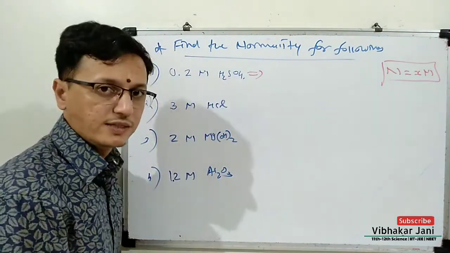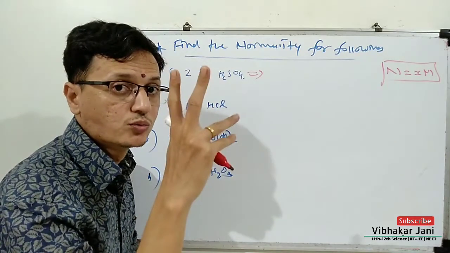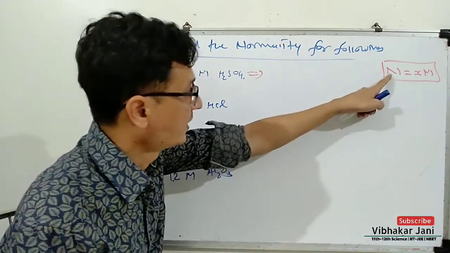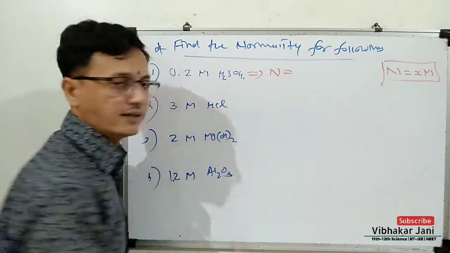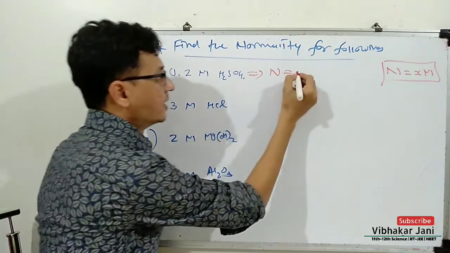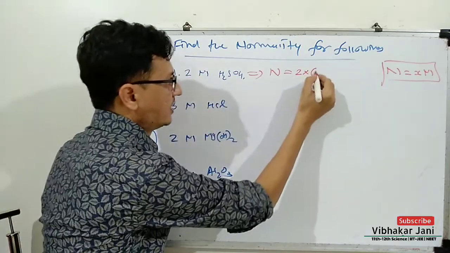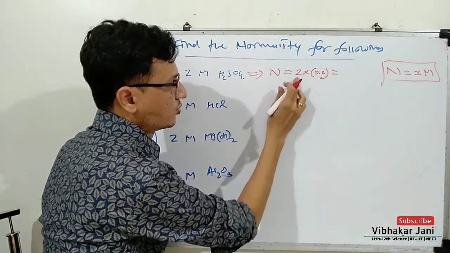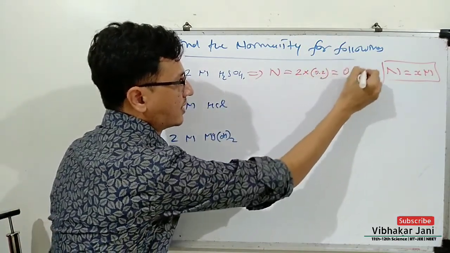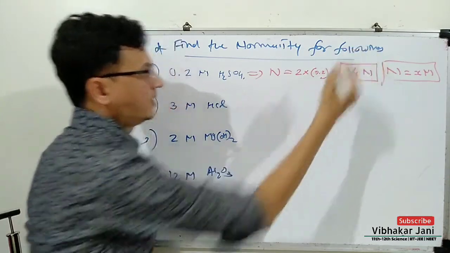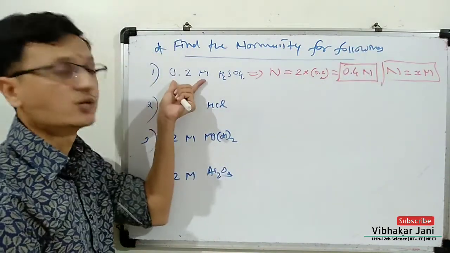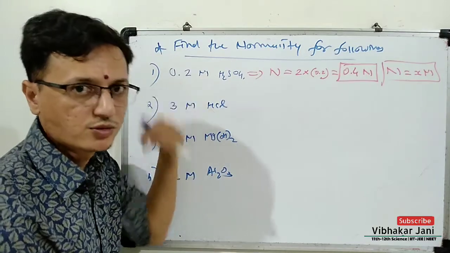Now for sulfuric acid, the value of X is 2. So normality will be equal to XM, that means 2 multiplied by 0.2, that is 0.4 normal. This is the normality of 0.2 molar sulfuric acid solution.